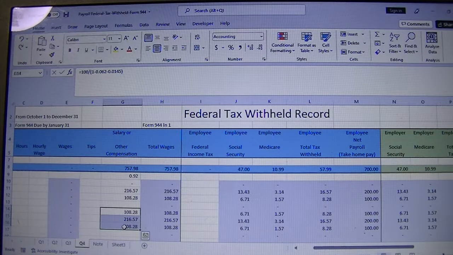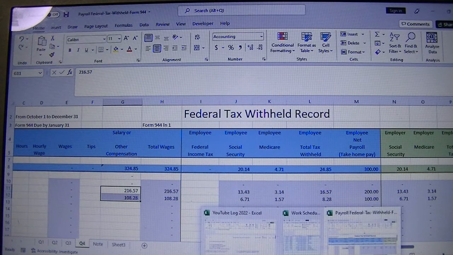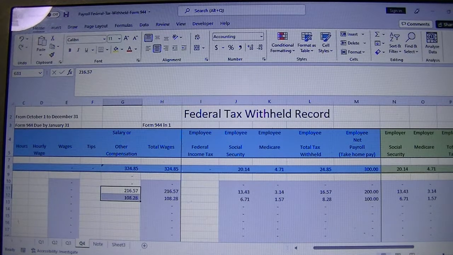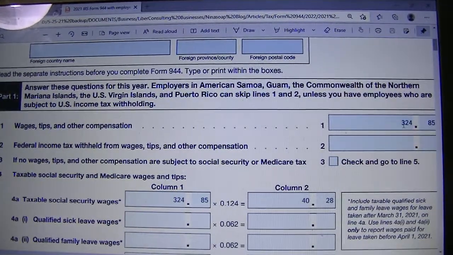So let's take those examples out of the way. Okay, so in this example we paid 324.85. So that is the gross that will go on line 1. $324.